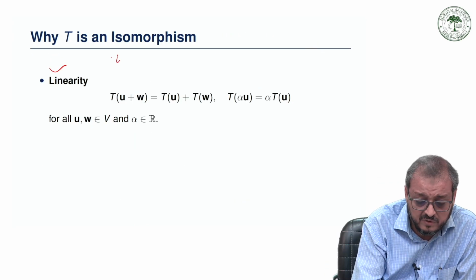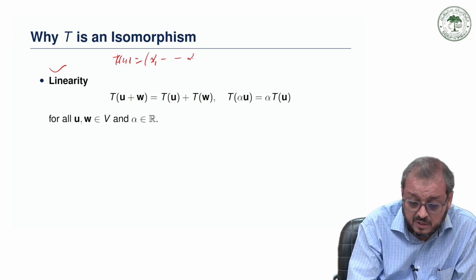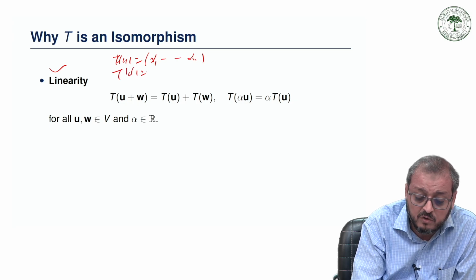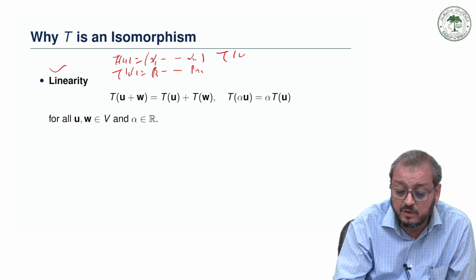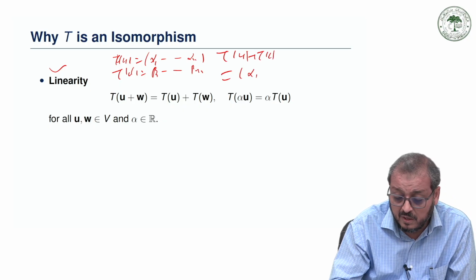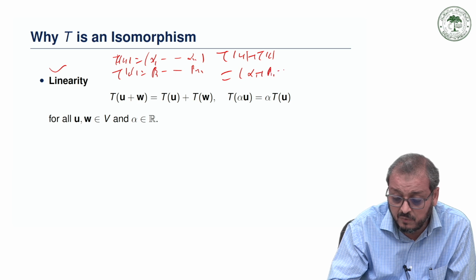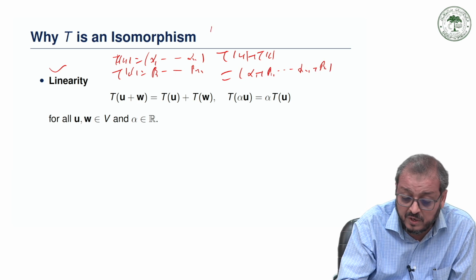You can just take T of u equal to alpha 1 up to alpha n, and T of v equal to beta 1 up to beta n. Then T of u plus T of v is equal to alpha 1 plus beta 1 and so on, alpha n plus beta n. Then we take u and v in the basis.